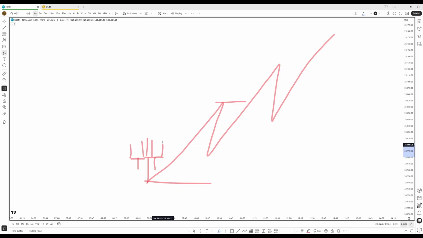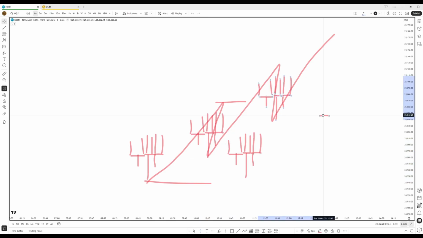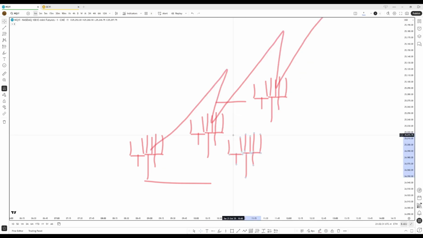So we have a swing point here, and then over here at this low we have a swing point like this, and then at this low we have a swing point like this. So every time price starts to push up, it creates these three-candle swing points.